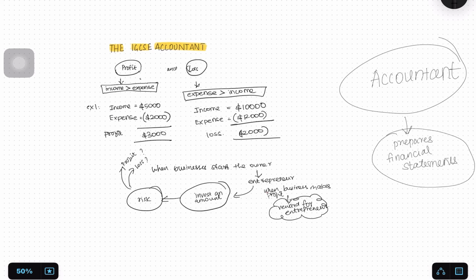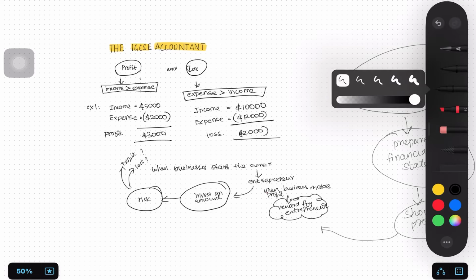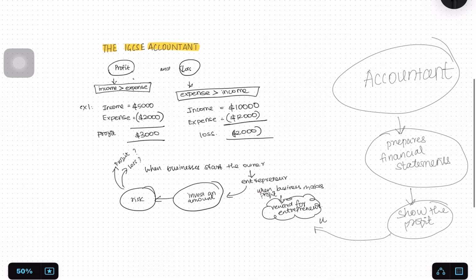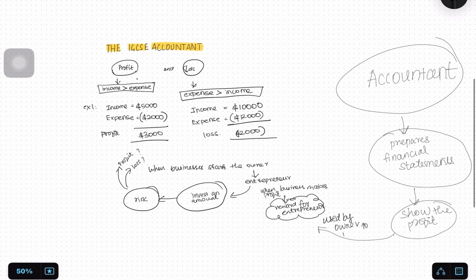So these financial statements show the profit. And this is used by the owner to make decisions.